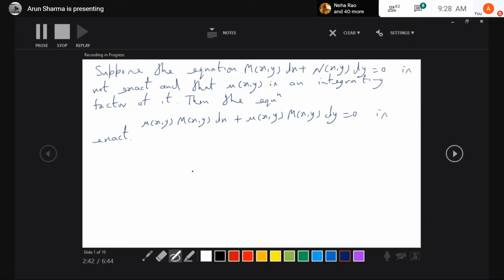So if it is exact, then what is the meaning of this? Excuse me, sir. Lakshveer Singh is trying to get in, but due to a network issue, he is not able to. He's saying if you could allow him at your end. Okay. Thank you, sir.